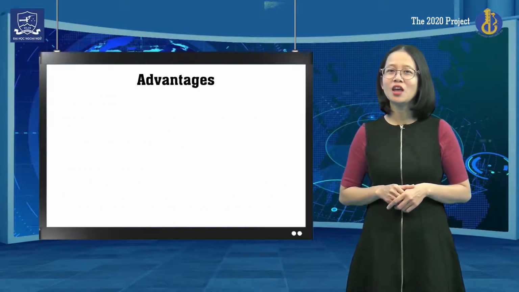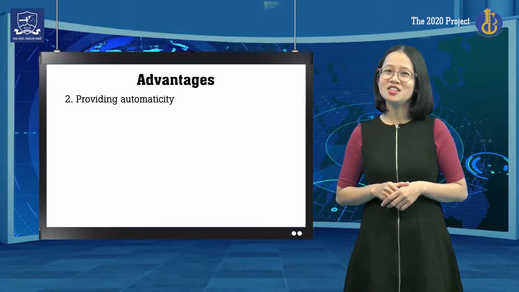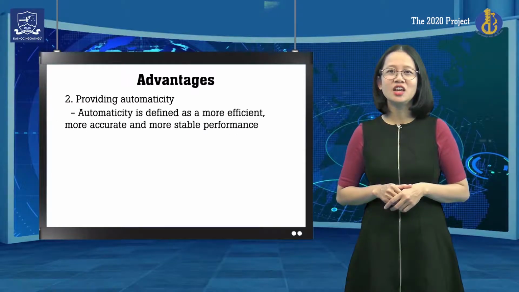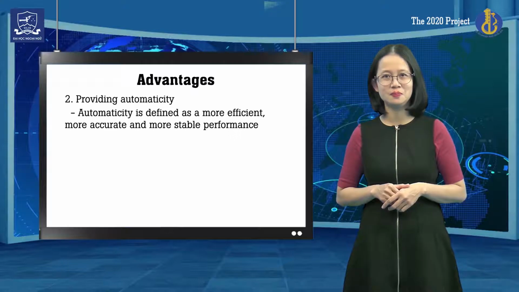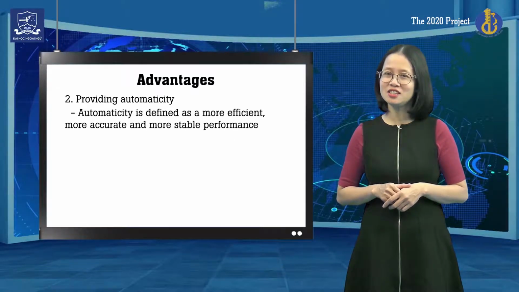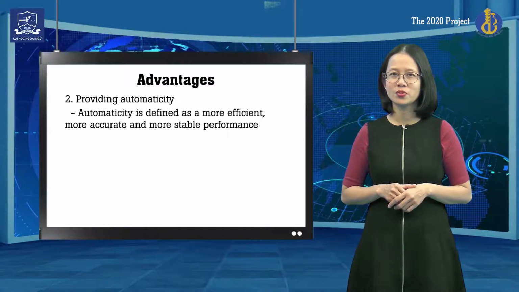Number 2. TBI provides automaticity. Automaticity for language learning is defined as a more efficient, more accurate, and more stable performance. It is also argued that automaticity leads to near-native performance.